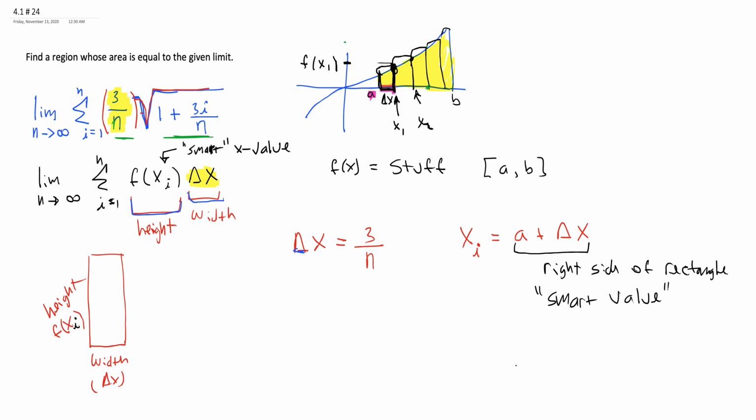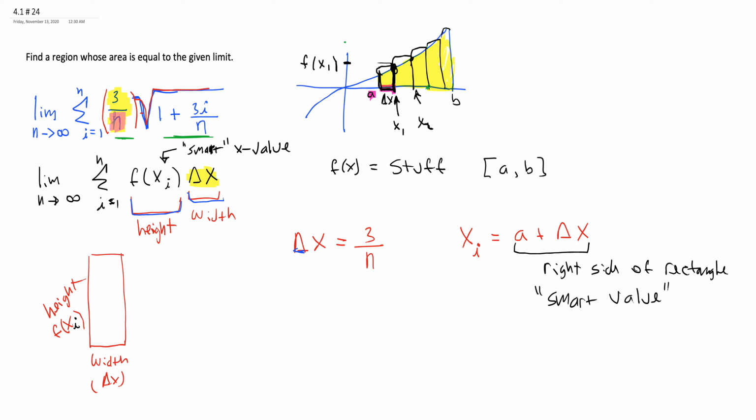Well, we know what a is. Wait, do we know what a is? Hold on one second. We do know what a is because I forgot to mention that inside your function, you're going to have delta x somewhere in there.